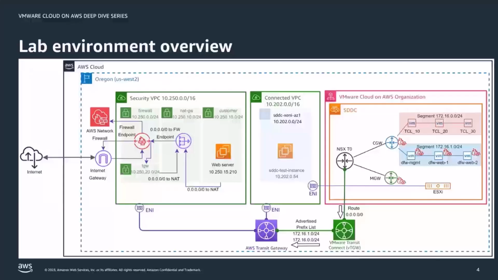Now we have requirements from our security personnel. We need to implement traffic inspection and we need to implement protection of our workloads to limit communication with the outside world, or maybe implement an intrusion detection and intrusion prevention system for your workloads.